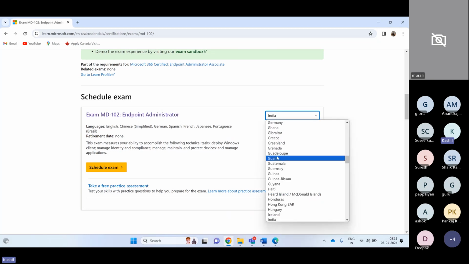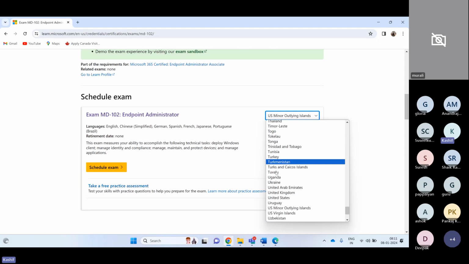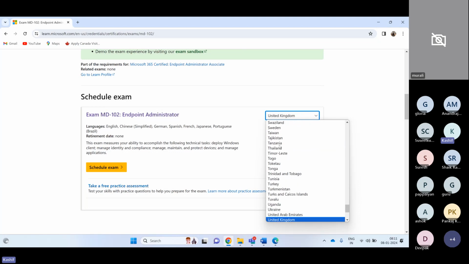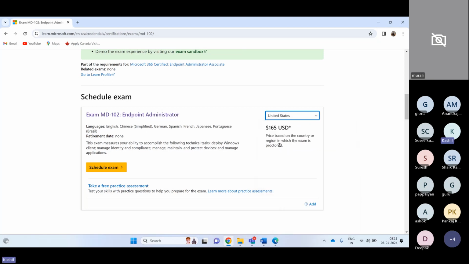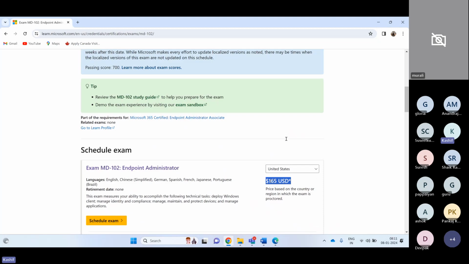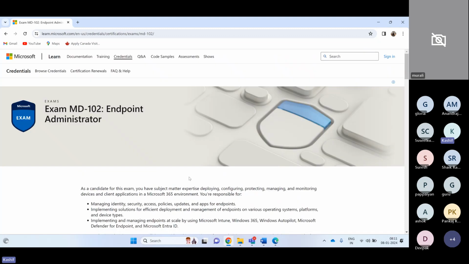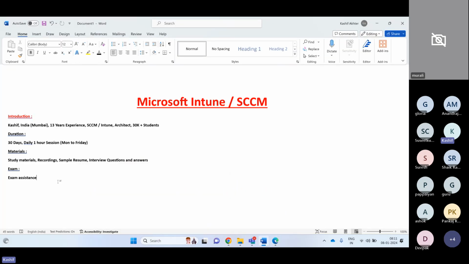If you are outside India, like United States, Canada, Australia, you will have to pay 165 US dollars to Microsoft. Once you take this exam, you will become an Endpoint Administrator certified professional. That is the exam MD 102. I'll help you with the exam as well.